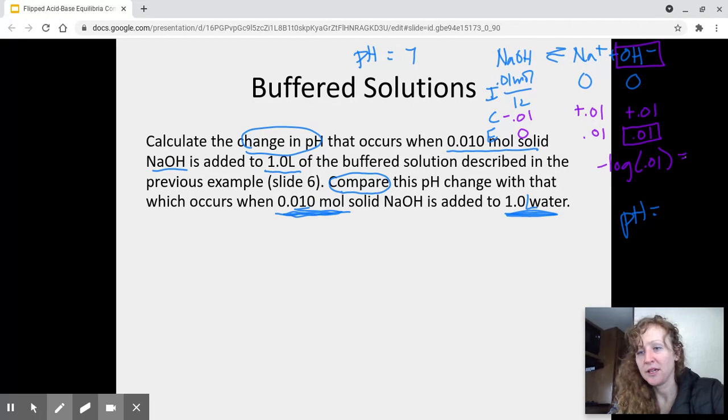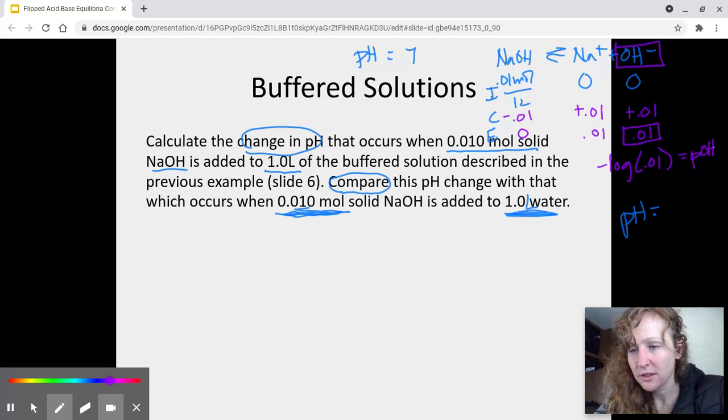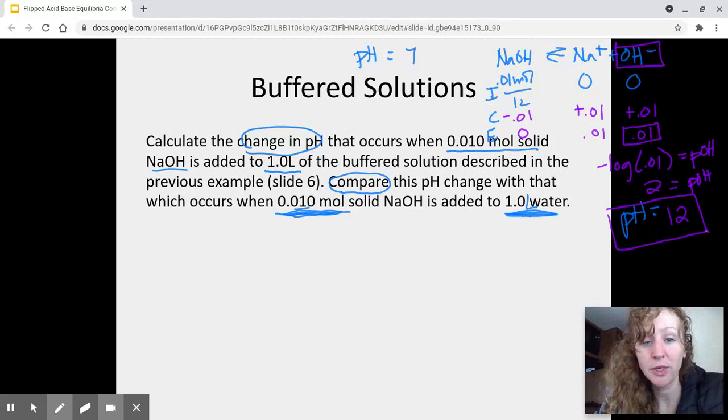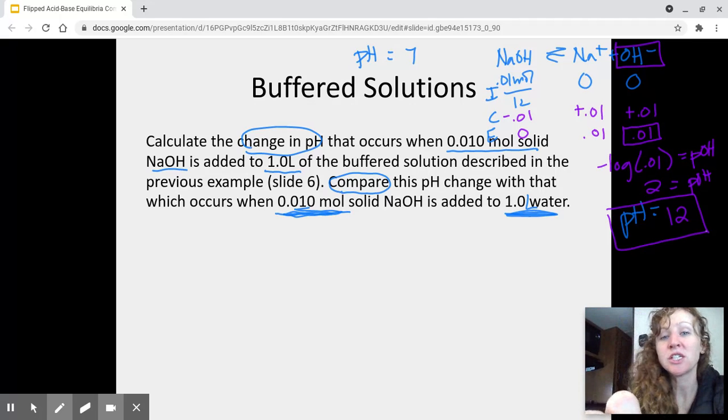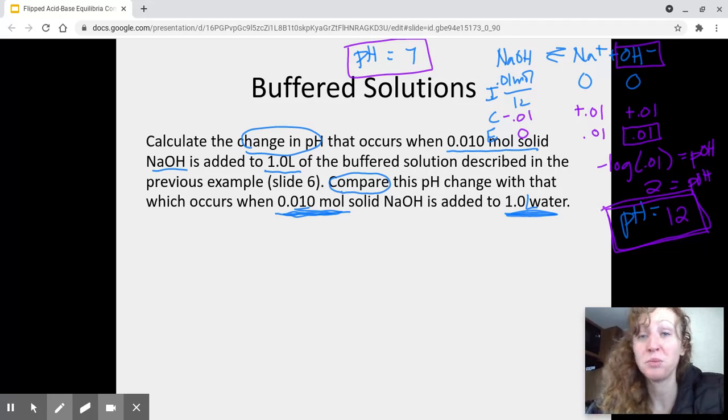I can get the pOH, which is going to be 2. That means the pH is going to be 14 minus 2, which is 12. So if I put 0.01 moles of solid sodium hydroxide into 1 liter of water by itself, my water changes from a pH of 7 to a pH of 12. That's a pretty big jump in pH.